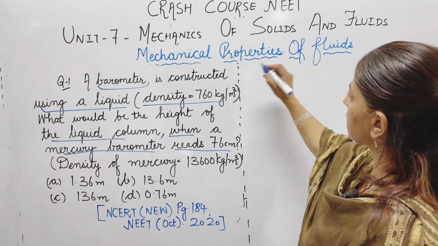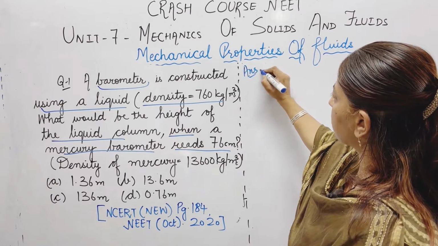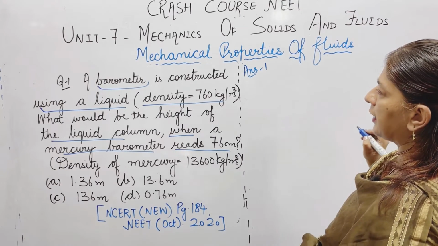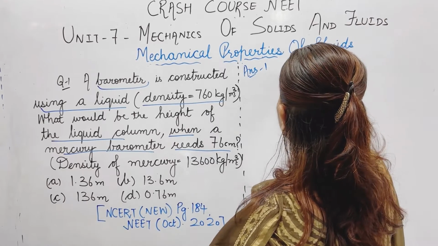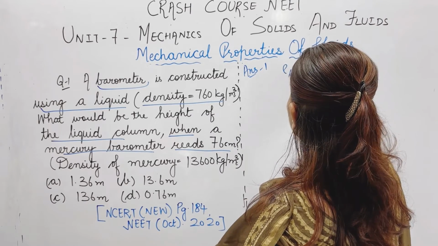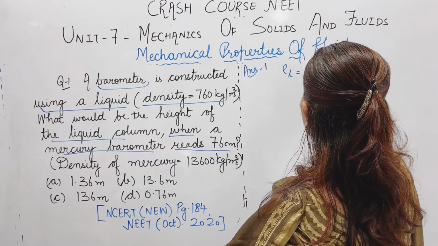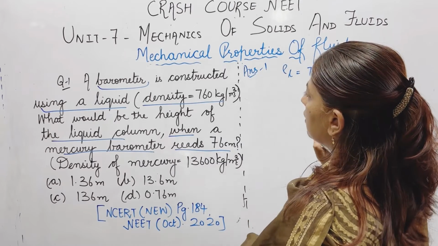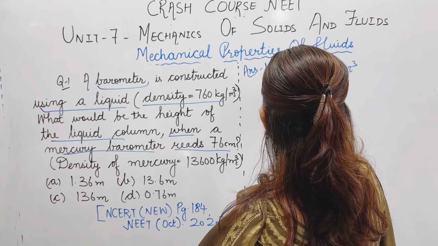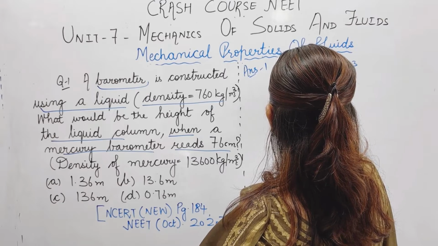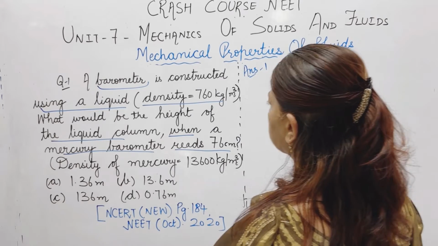To solve this question, first write down the things that have been given to us. The density of the liquid is given as 760 kg per meter cube. The height of the liquid column needs to be calculated.